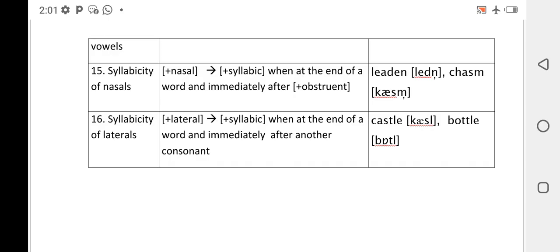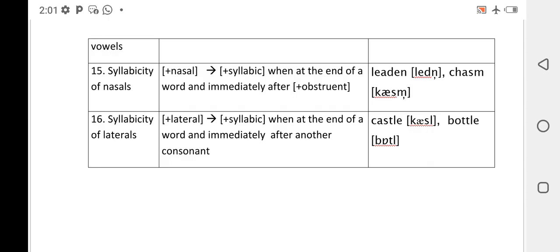Now, the nasals here are consonants. So when we say that this nasal becomes syllabic, that means they are taking a syllabic quality, which is the quality of the compulsory element of a syllable, which should be the vowel sound. So when you have a consonant sound functioning as a compulsory syllabic element, we call it a syllabic consonant.